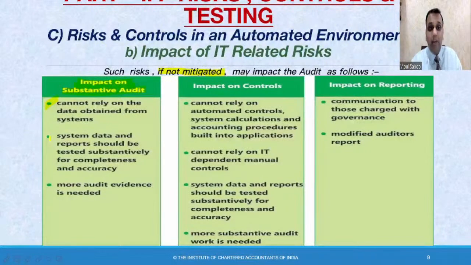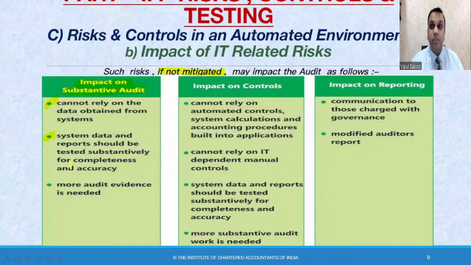System data and reports should be tested substantively for completeness and accuracy. With the customized accounting software, I pass a journal entry for bad debts. And I need to see whether the ledger of debtors gets reduced by that amount and my profit also gets reduced by that amount or not.